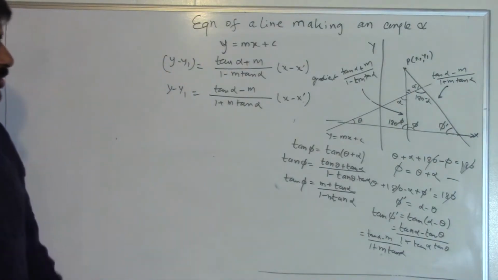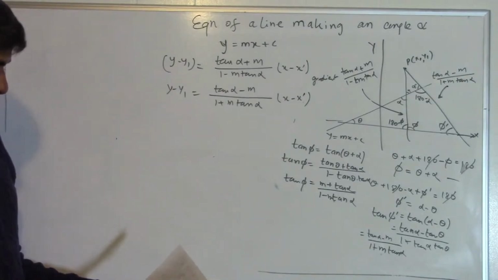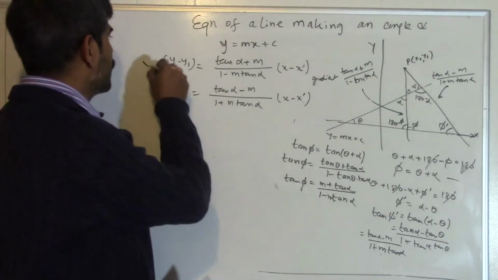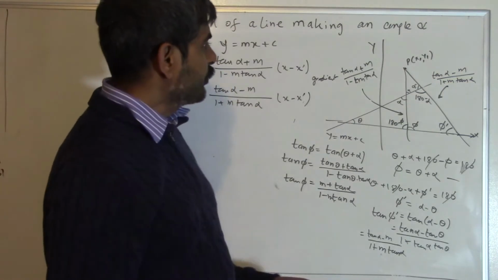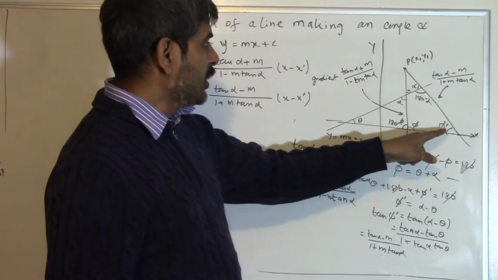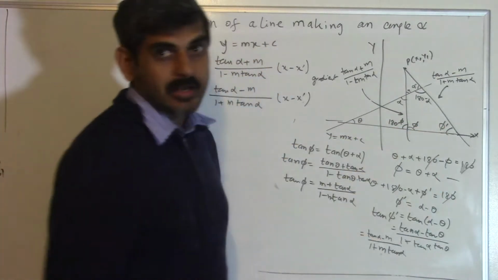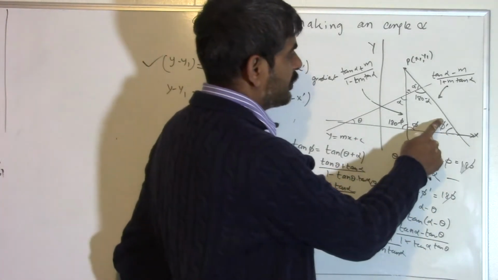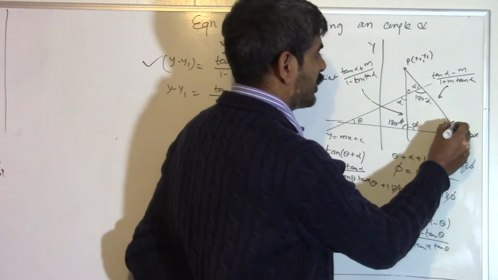I'm trying to make sure that our results are good. This one is okay. It looks like there is something wrong in this one. This is alpha, this is 180 minus alpha. Okay. So we took this phi dash angle from the negative x-axis. But in reality, we should have taken this angle.